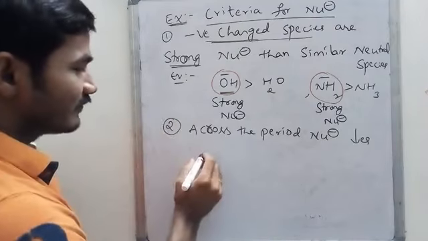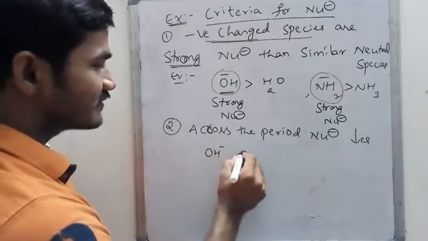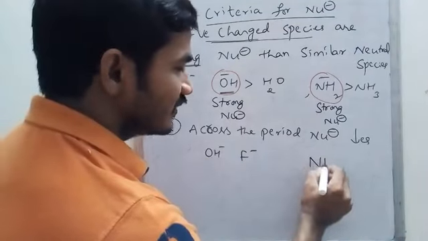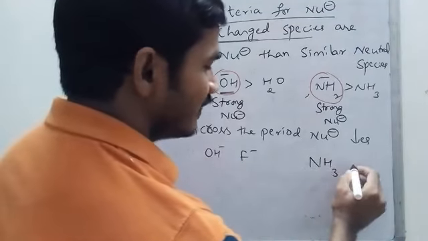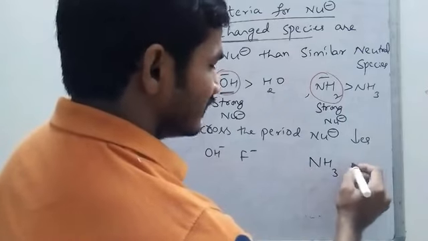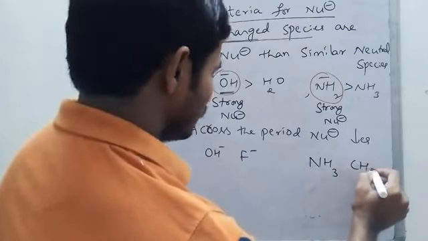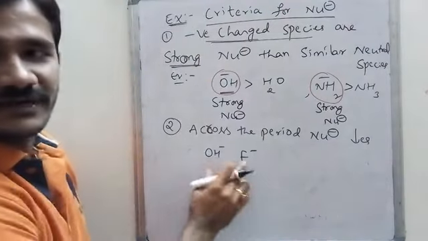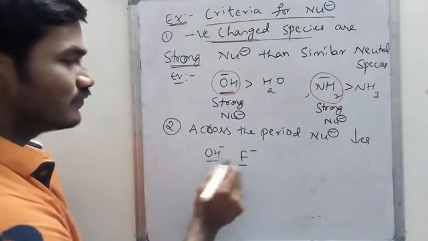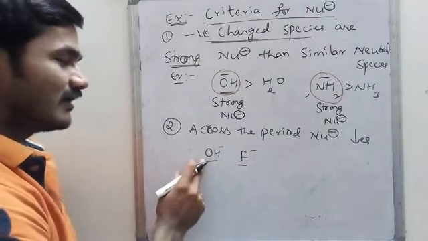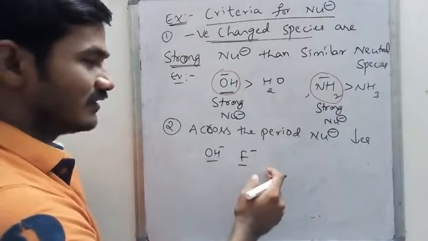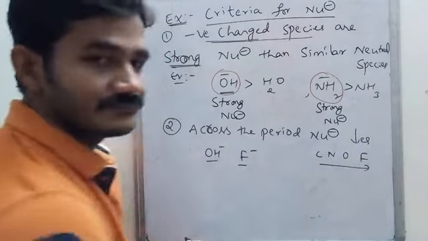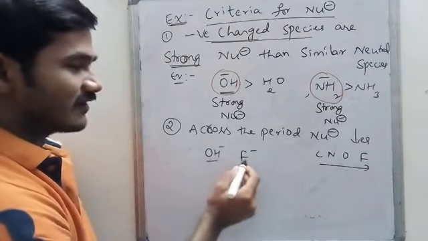For example, if I take OH minus and F minus, let us compare them. Oxygen, after oxygen we get fluorine. Across the period the order is carbon, nitrogen, oxygen, fluorine.